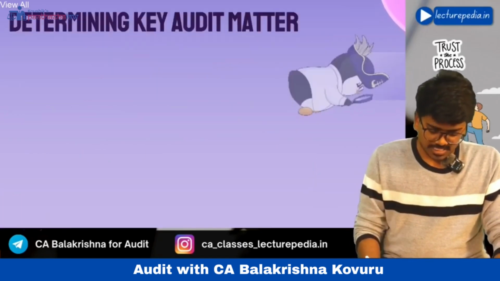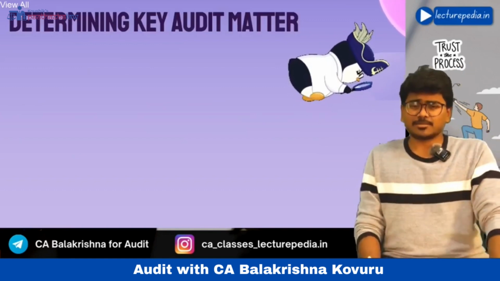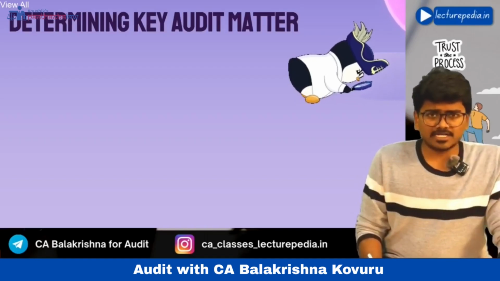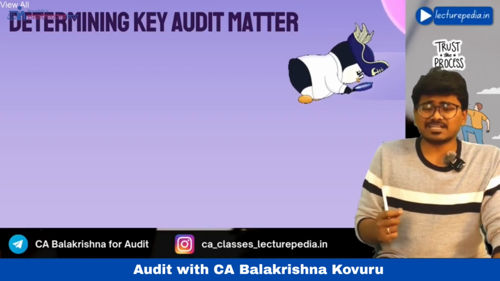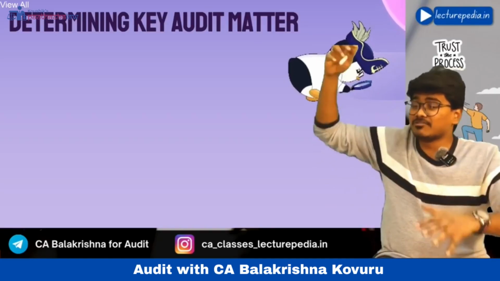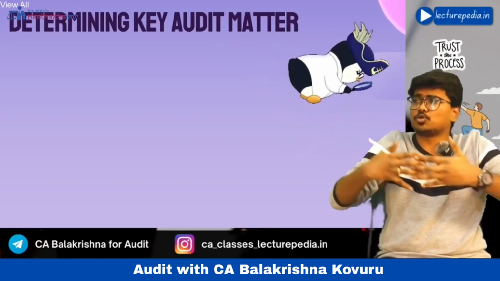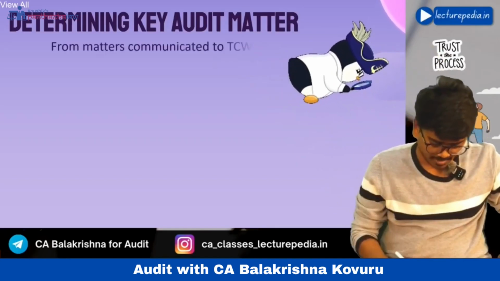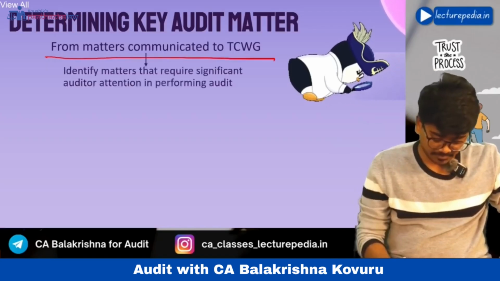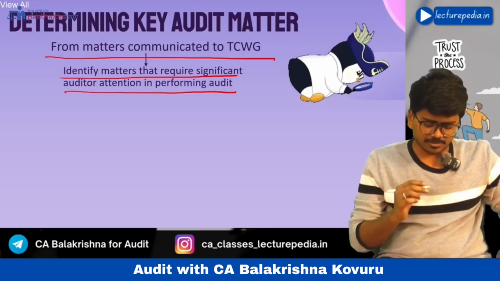Next, determining the key audit matter paragraph. How will the auditor determine it? Here there are certain steps. The auditor will communicate certain matters to those charged with governance. So he will first take all the matters that he has communicated to those charged with governance. From those matters, identify matters that require significant auditor's attention in performing the audit.